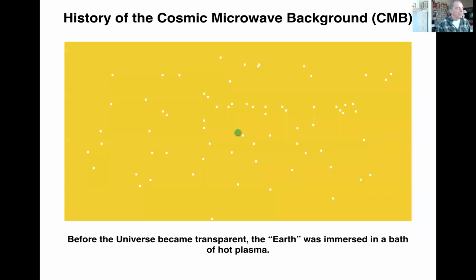Now, to make clear what that is, think about the early universe as we extrapolate the universe backwards in time. The radiation that fills the universe at present, the CMB radiation, as the universe got smaller and smaller, would get hotter and hotter.